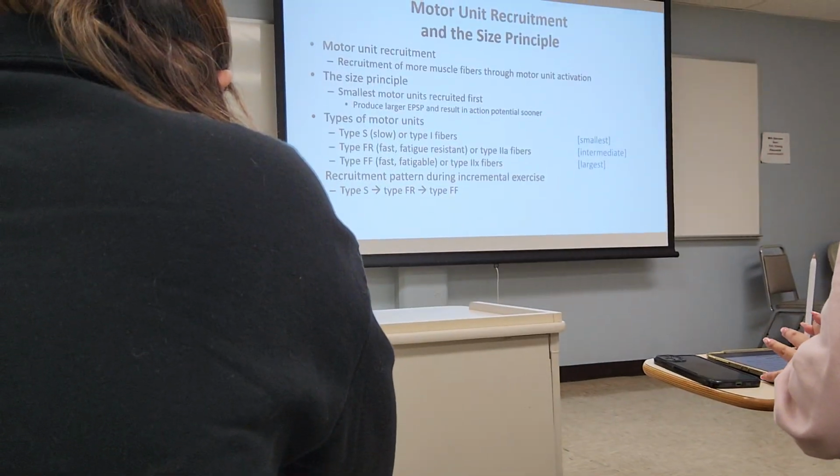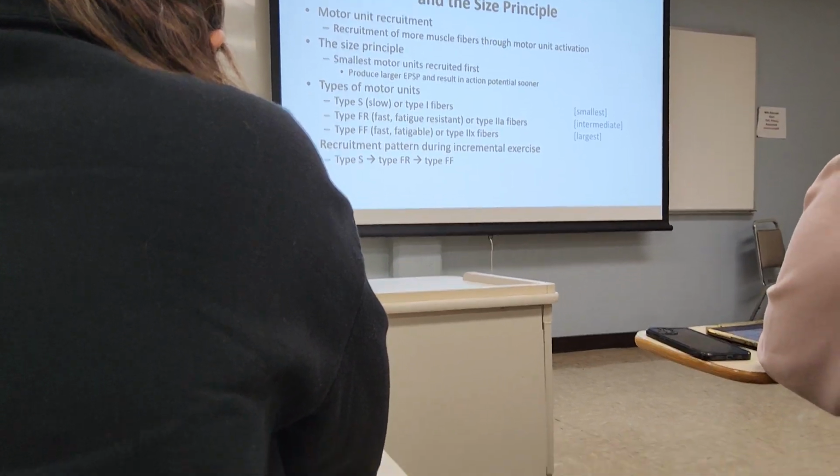All right, so when we think about motor unit recruitment, we are going to recruit motor units and muscle fibers based on the size of those motor units, okay? We're going to recruit smaller motor units first. We do this because the neuron bodies of those small motor units don't require a large stimulus to cause depolarization, right? So this is an itty bitty motor neuron body, so a small stimulus is sufficient to cause depolarization.